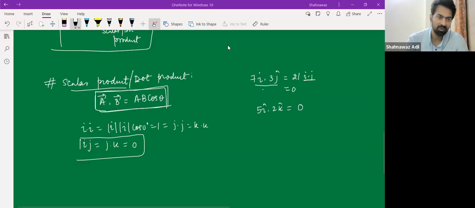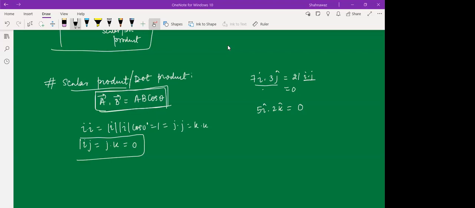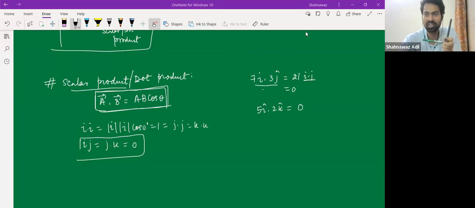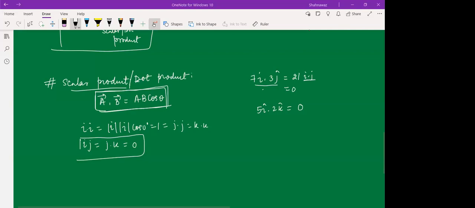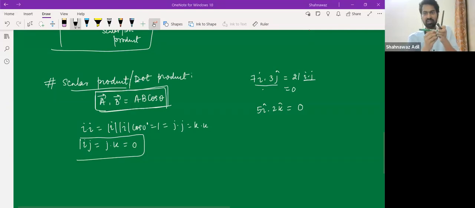Walaikum salam. So first, let me tell you about another method to understand the angle between I, J and K. Did you understand that part? Okay, so let me show you another method. You have these three vectors, right? This is I, this is J, and this height is K. So this is Y and this is K, and they are perpendicular.